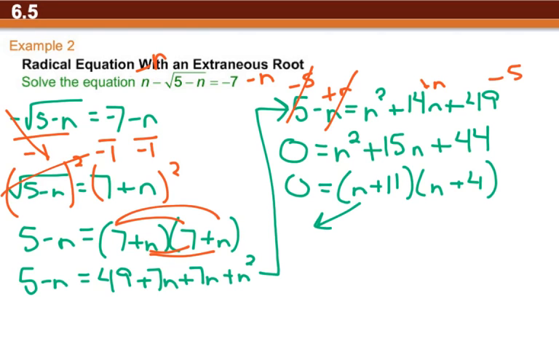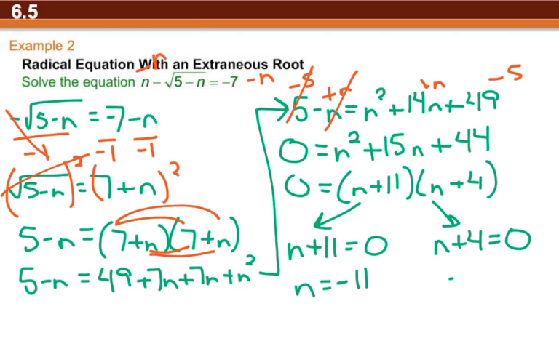To finish solving this, we need to split off n plus 11 equals 0, and n plus 4 equals 0. Solving for n, we get n equals negative 11 here, and n equals negative 4 here.